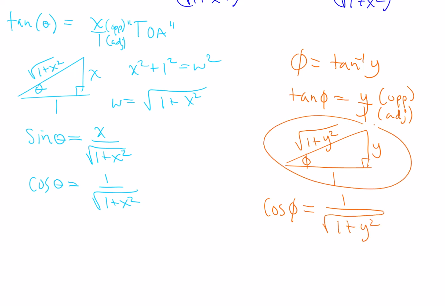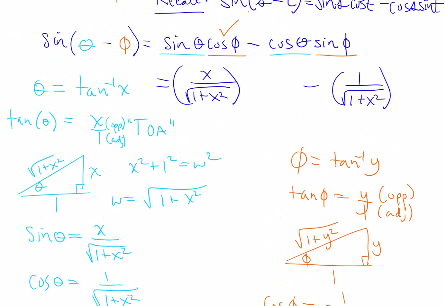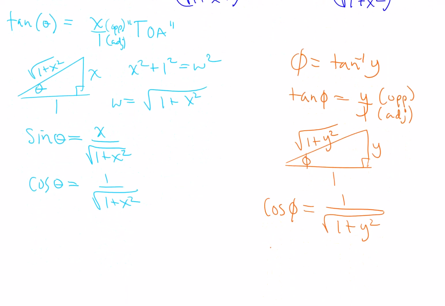That again comes directly from this right triangle we now have. And so we needed cosine, and we have that now. We also need sine of phi. In the same kind of way, using SOHCAHTOA, sine is opposite, which is y, over hypotenuse, which is the square root of 1 plus y squared. And now we have expressions we can plug in above.